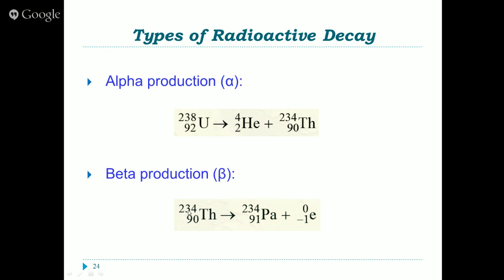Same thing down here, 234 equals 234, so this has to be a 0. 90 equals 91. Well, that wouldn't make sense unless I subtracted 1 from it, meaning that an electron was emitted, because 91 minus 1 gives us 90. Beta rays are slightly more harmful because they are electrons, so they can penetrate much further. Generally, glass or sheets of aluminum will stop beta rays.